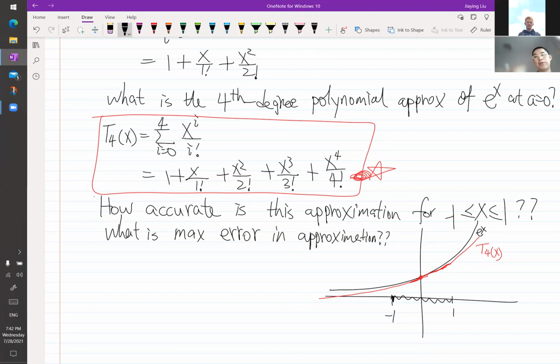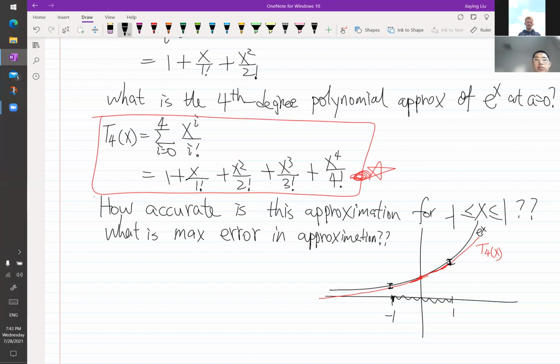So there will be a certain error if we use the fourth degree polynomial to approximate e to the x. The error is the maximum distance between the curves, the maximum difference in height there.